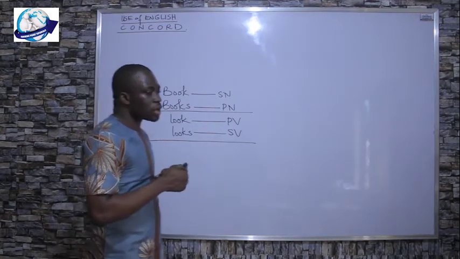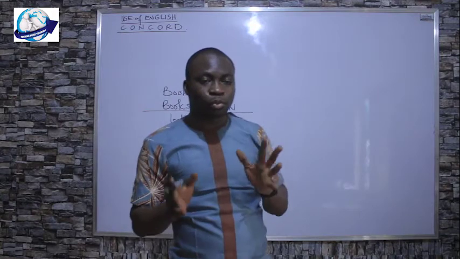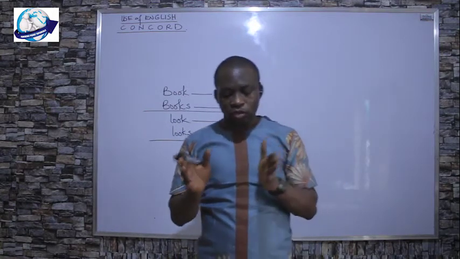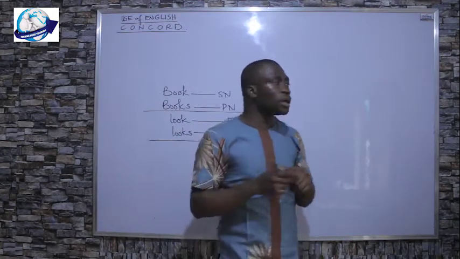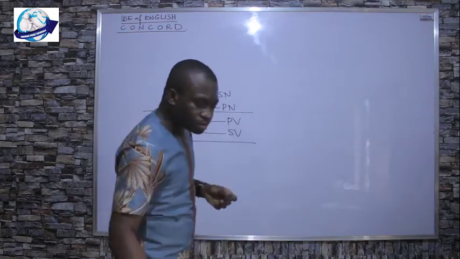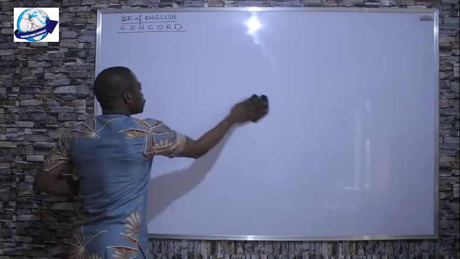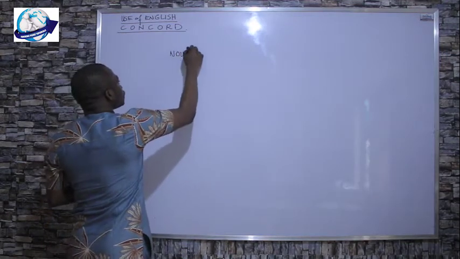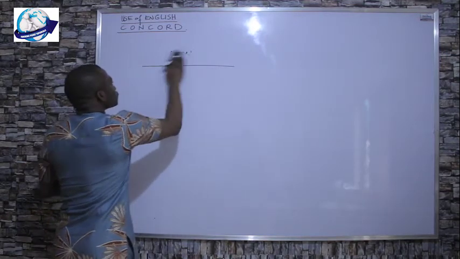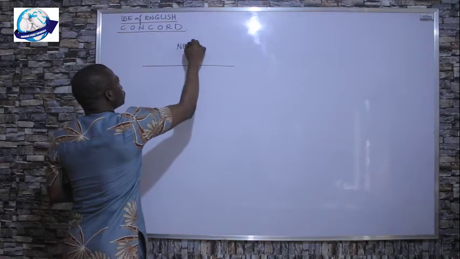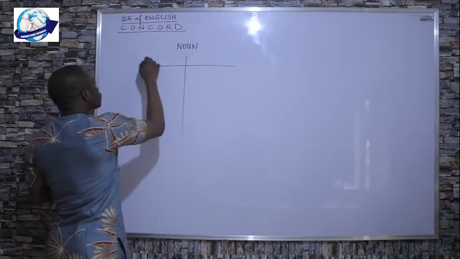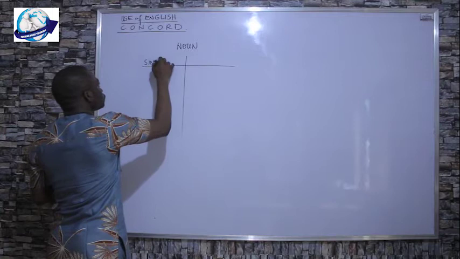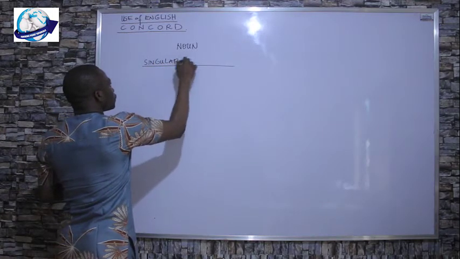Okay, then let's check this table. Very important. If I want to put a singular and a plural under the noun, I will give you something like this. So check this. Let's consider this as a noun. Under this is singular, is plural.